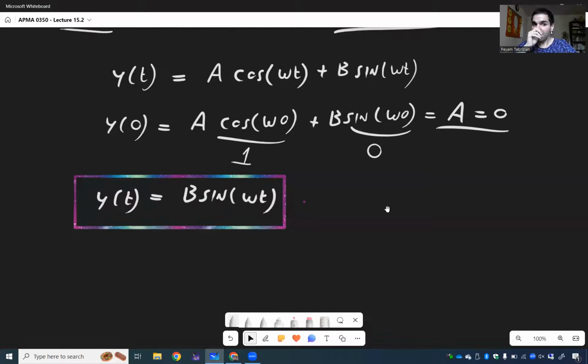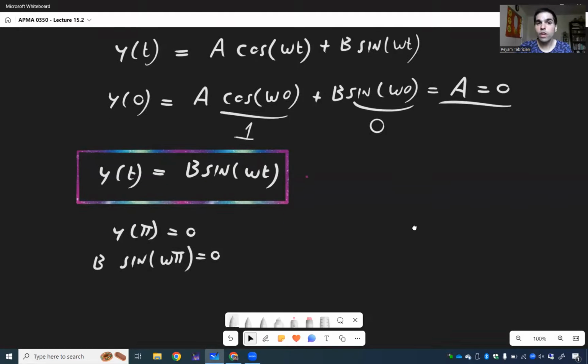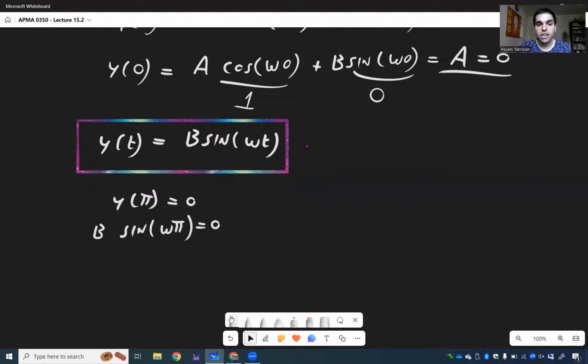Okay, and now let's do y of pi equals 0. So y of pi equals 0, then b sine of omega pi equals 0. And once again, we want to divide by b. We just need to make sure it's non-zero.